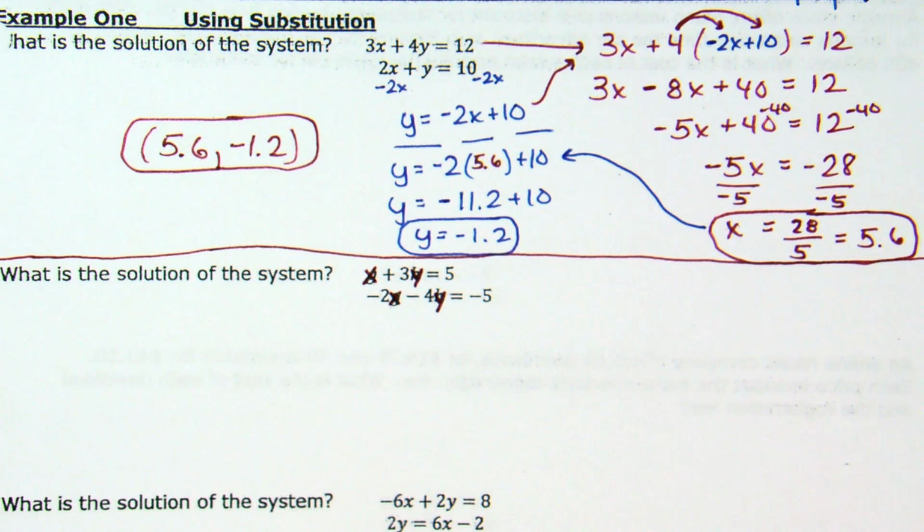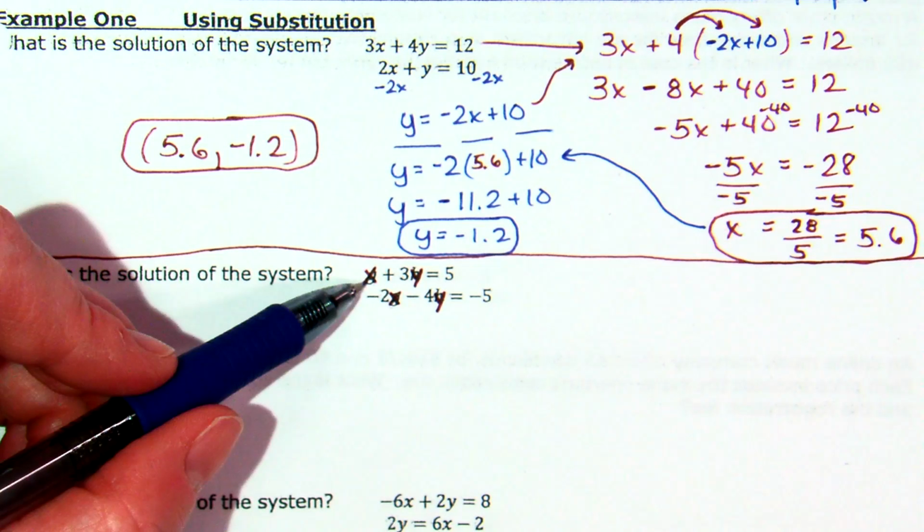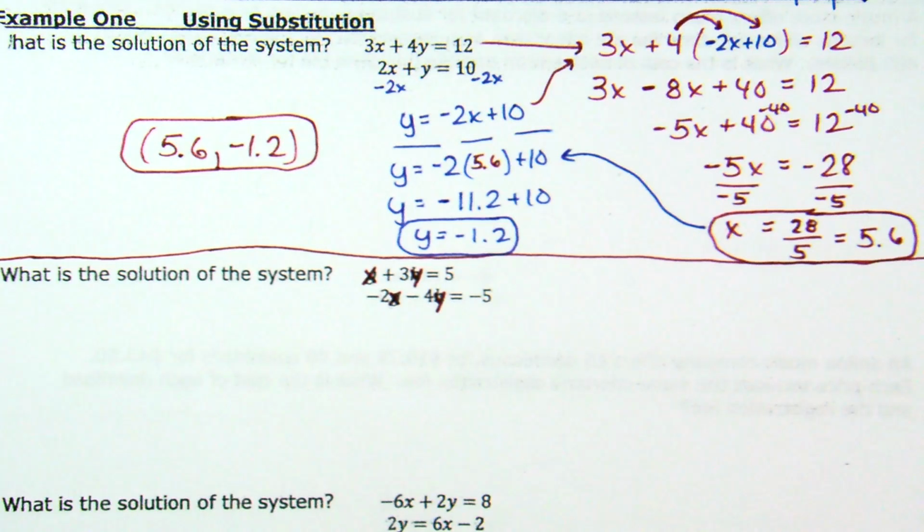So the first one, what do you want to solve this for? G or X. Yeah, I would take this top one since it's 1G, which is like 1X, and solve it for X. Now, could you solve for any of the other variables? You can. You're just going to get more fractions along the way.